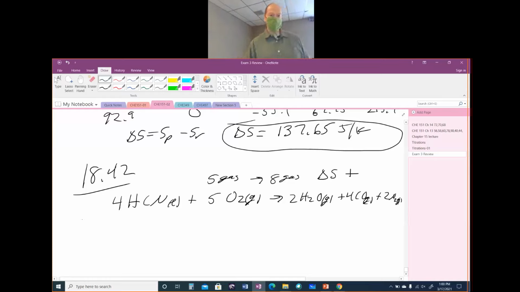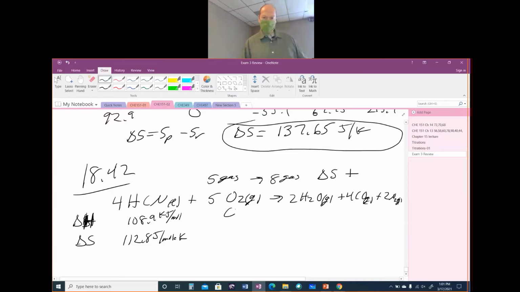So we're going to find delta H and delta S. Let's find the delta H first, and then we will find our delta S. All right, so delta H for HCN, 108.9 kilojoules per mole. Delta S is 112.8 joules per mole Kelvin. All right, delta H, element in the natural state, 0, 205.0 for your S value.